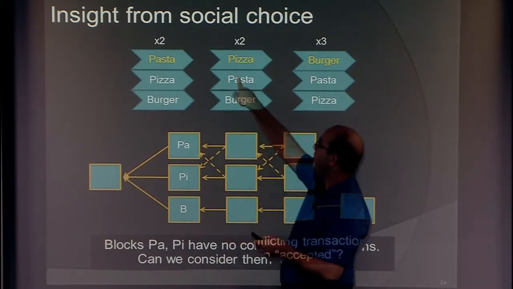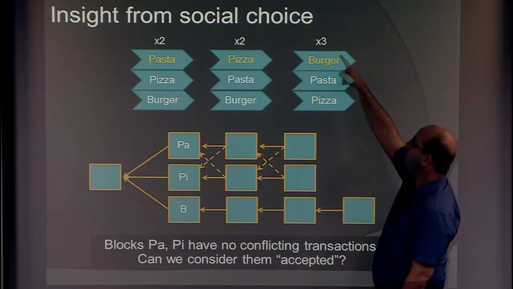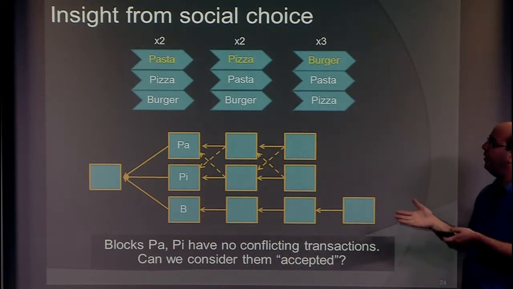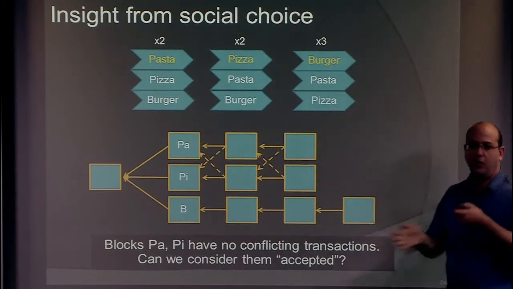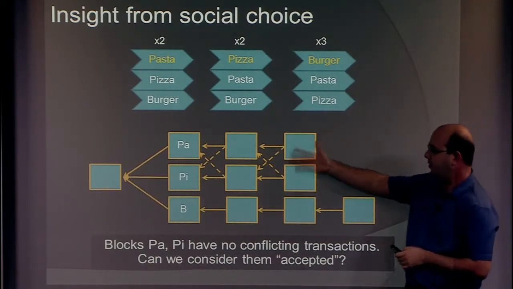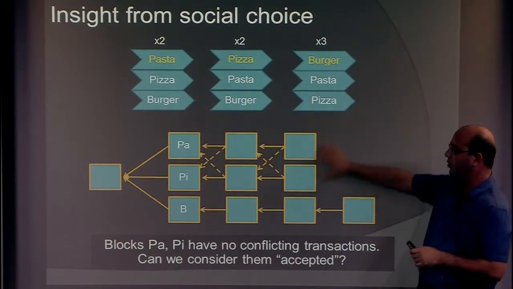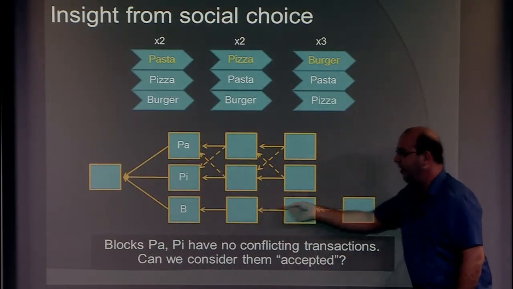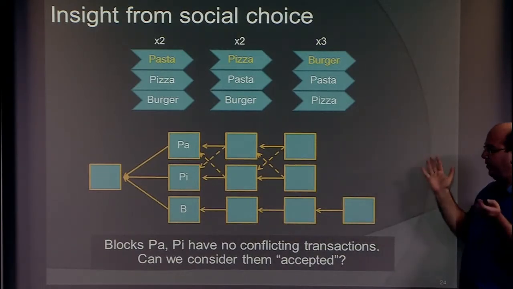Pasta to burger and pasta to burger. And three guys are only going to say, we prefer burgers to pasta. Right? So this is a choice that loses in all pairwise elections, but gets elected here. So this is a very rough intuition. These two guys are basically fighting amongst themselves, and this guy takes the whole prize.